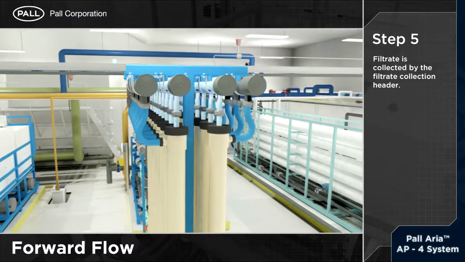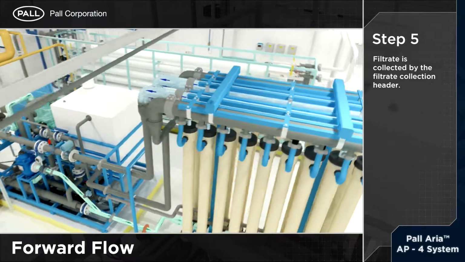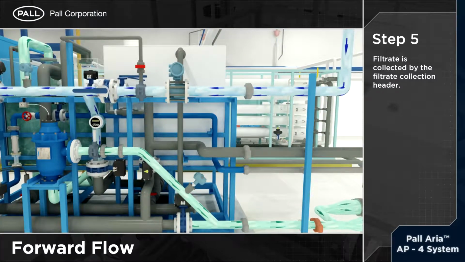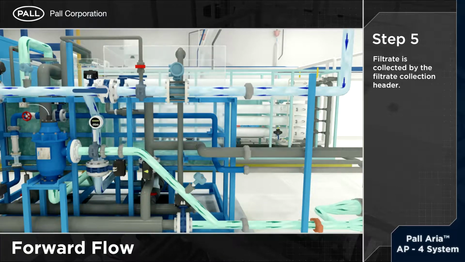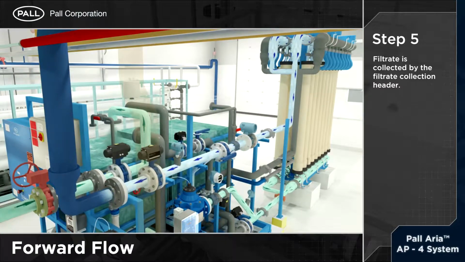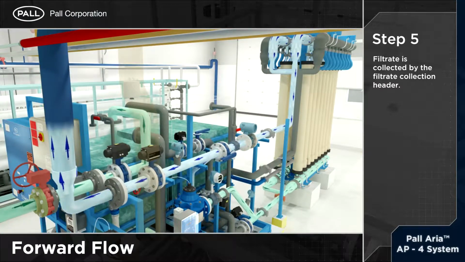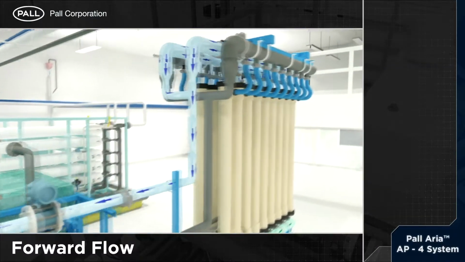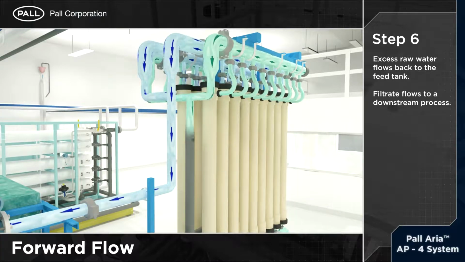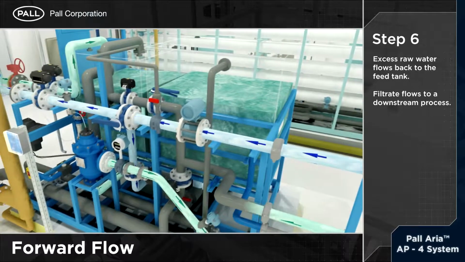Filtrate is then collected by the filtrate collection header. Excess raw water flows back to the feed tank, while filtrate flows to the downstream process.